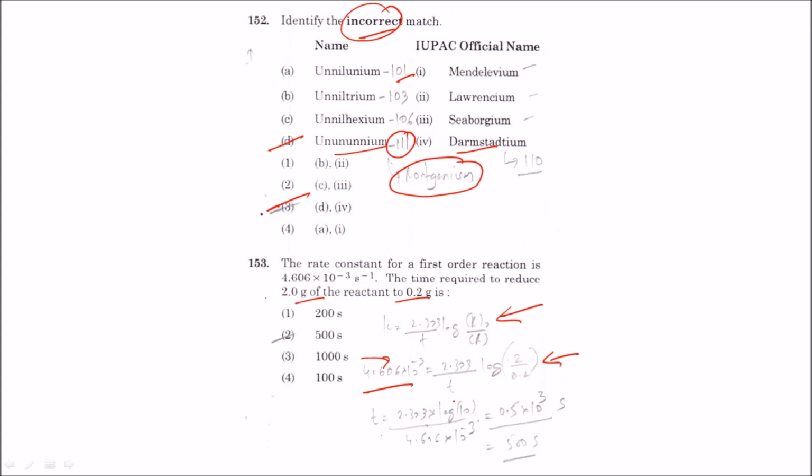Okay, simplification of this results in 500 seconds. So time taken for reducing 2 gram to 0.2 gram is 500 seconds. So the right option for this is the second one, 500 seconds.